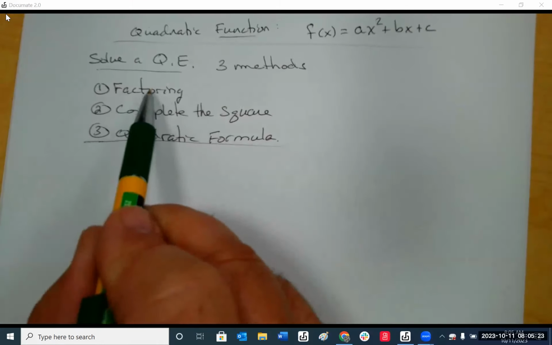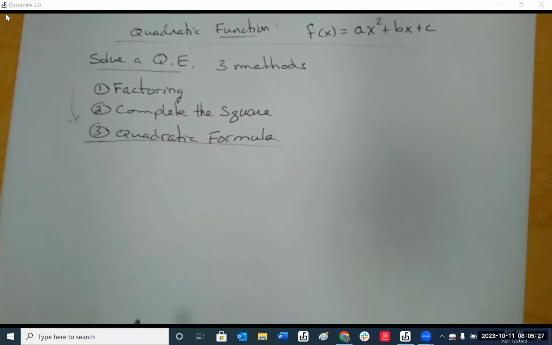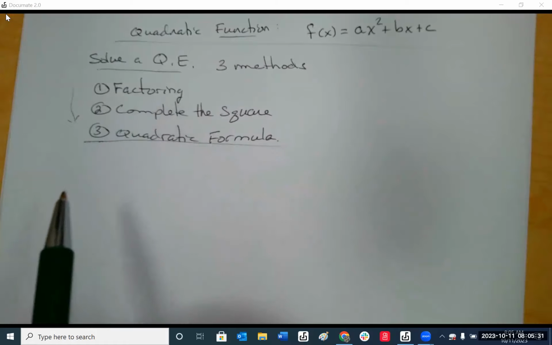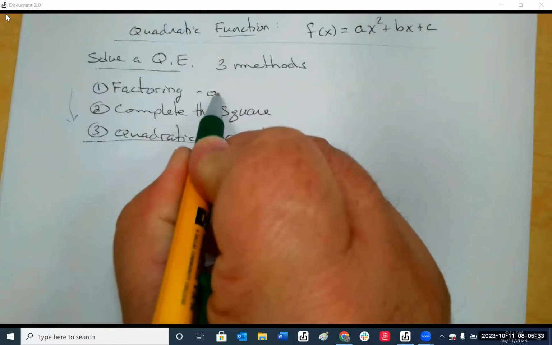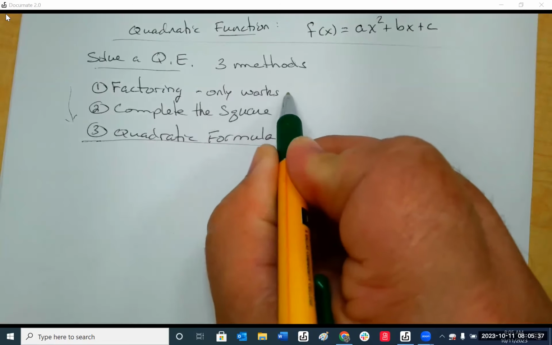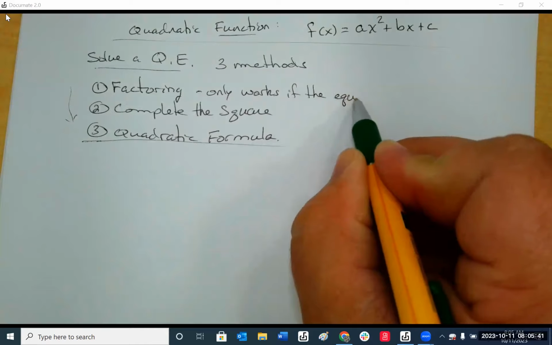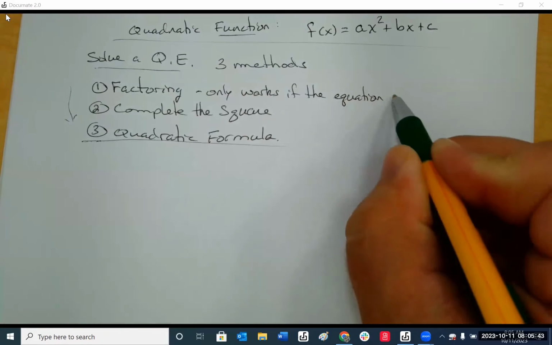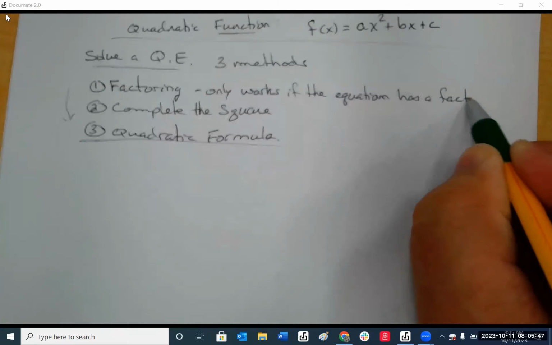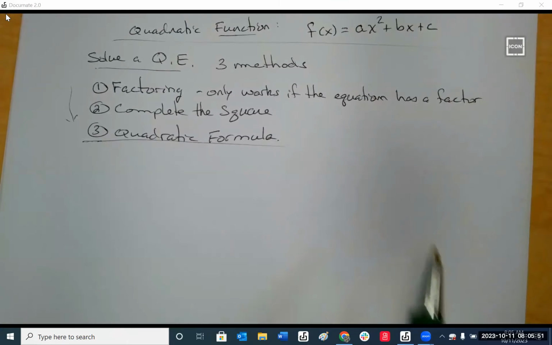And the reason I list them this way is because they also grow in ease of use. Factoring only works if it's factorable, if the equation has a factor. In other words, it could be broken up into smaller pieces.